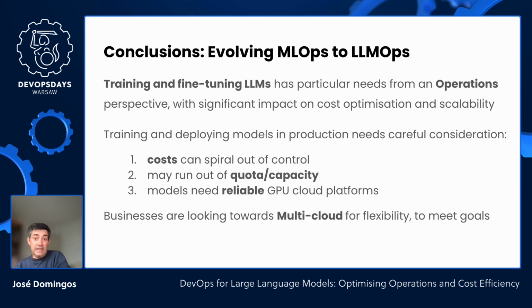And therefore, it's natural that businesses will be looking to multi-cloud for flexibility, to meet goals, across various different clouds, not just the major clouds, but specific GPU clouds that can deliver specific services for GPU workloads, accelerated workloads.